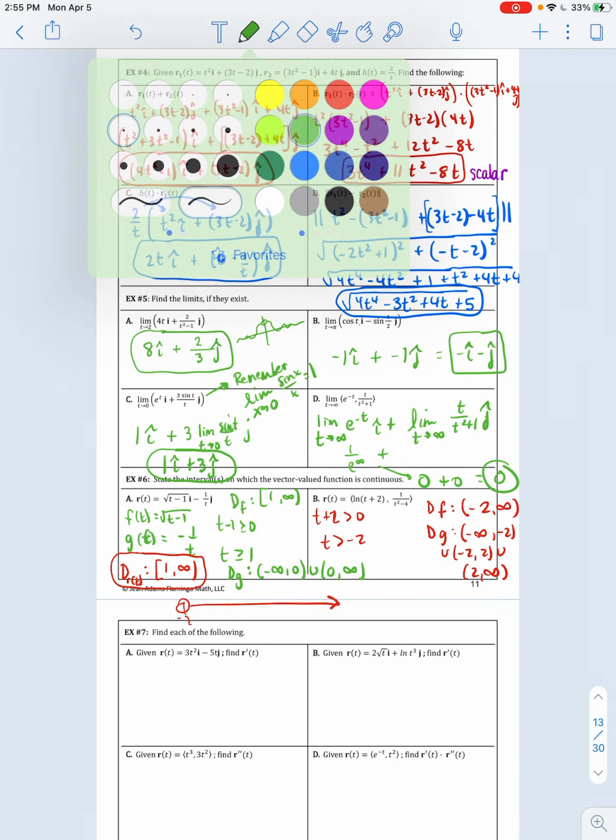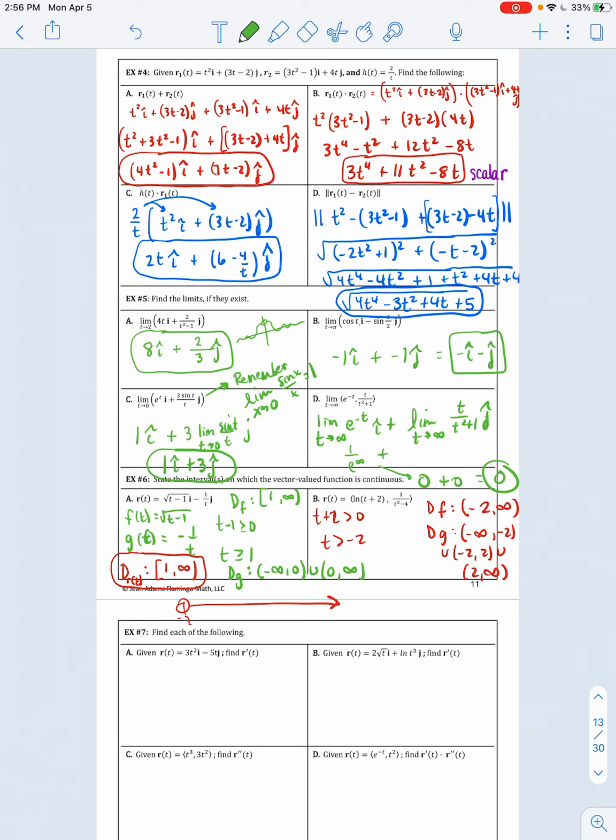I will say, okay, the second one is negative infinity to negative 2, which is not going to be anything that's included. So I don't really need to worry about that.